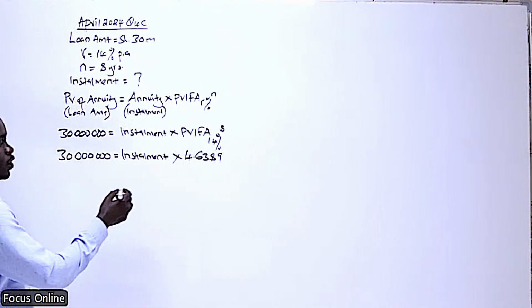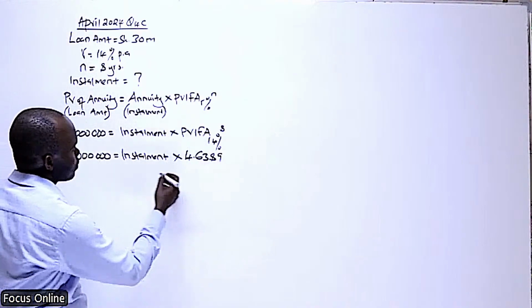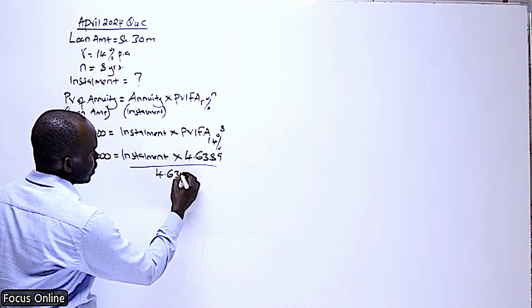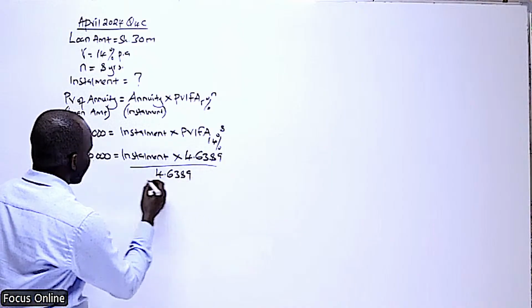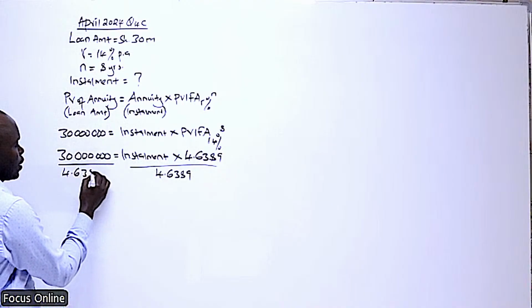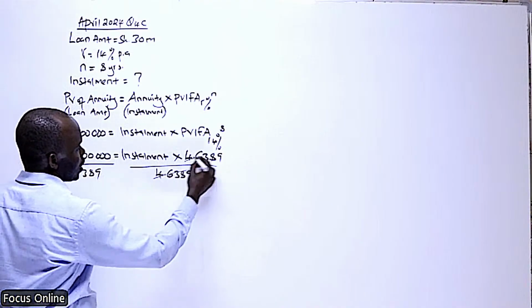So we divide both sides by this figure, 4.6389, so this and this will go.